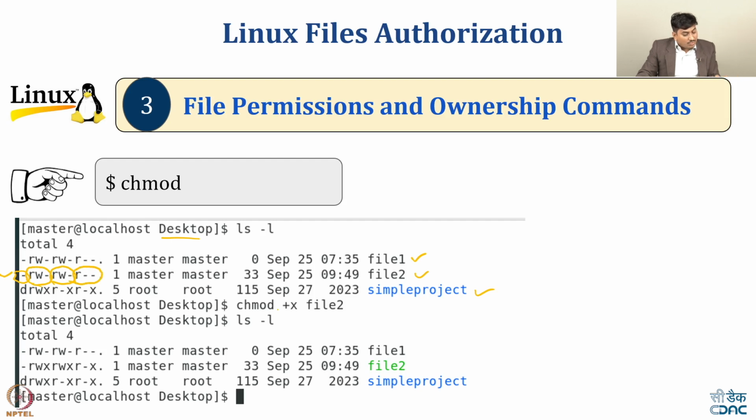Now by using this particular command, let's say for file 2, if I pass the execute command, we have not specified the u or the specific groups or anything, it means that by default it is for the user or the owner, right.